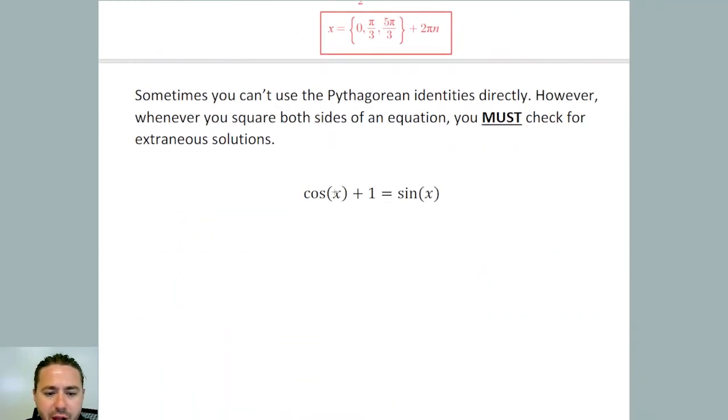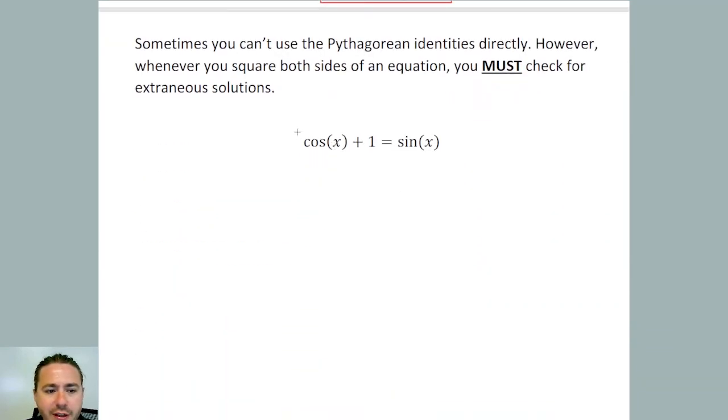So one strategy we can use here to solve an equation like this is to square both sides. And this is something you probably did a little bit in Algebra 1 and 2. Particularly in Algebra 2, you might remember whenever you square both sides, sometimes you end up with what are known as extraneous solutions. So as we solve this, we might get a solution that's actually not really a solution.